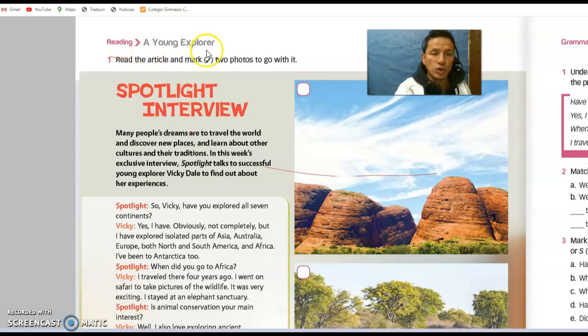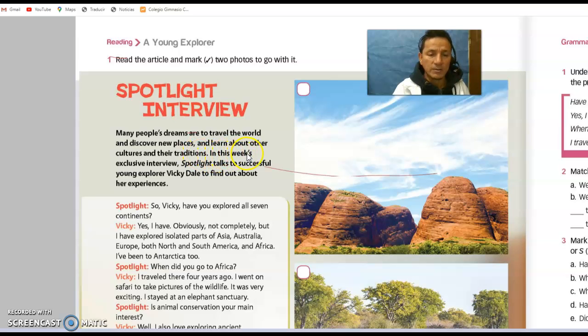Reading, John Explorer. One, read the article and mark, tick two photos to go with it. Spotlight interview. Many people's dreams are to travel the world and discover new places and learn about other cultures and their traditions.